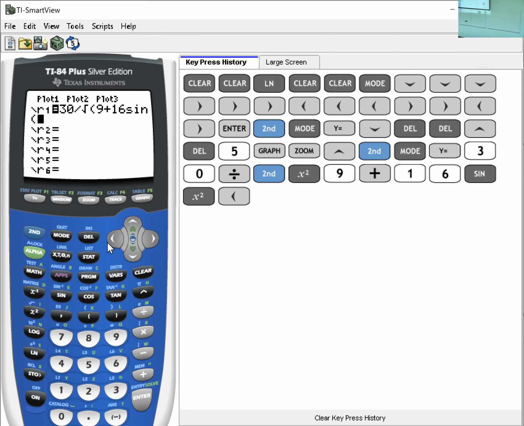Oops, that wouldn't work. Parentheses are important, so you have to put parentheses and then square. So open parentheses, sine.